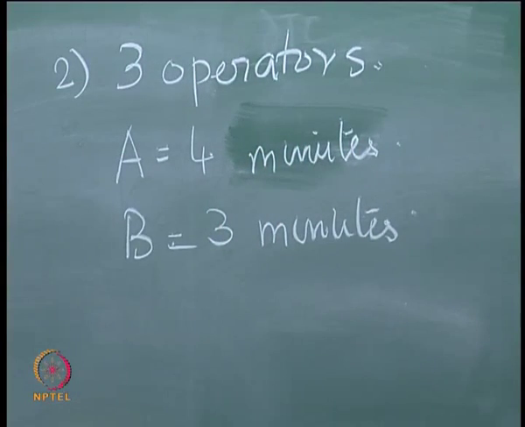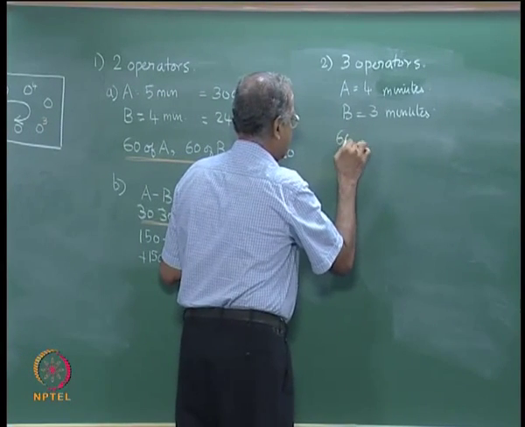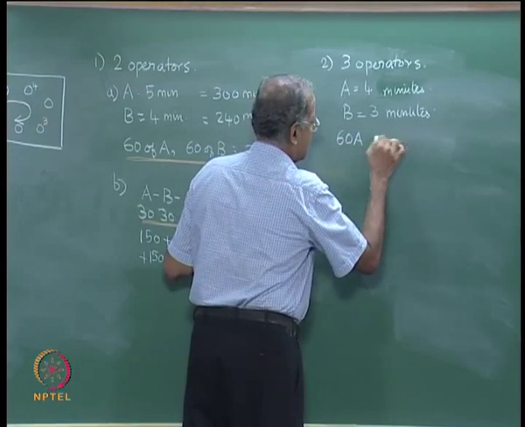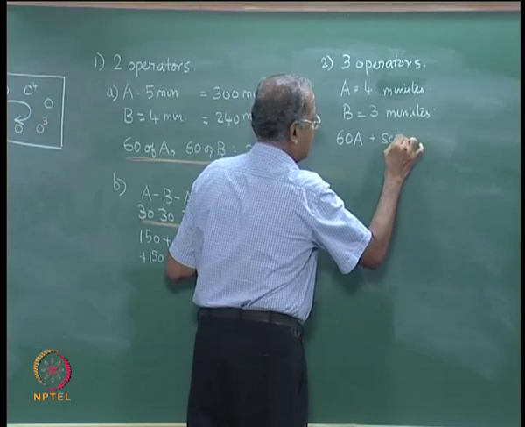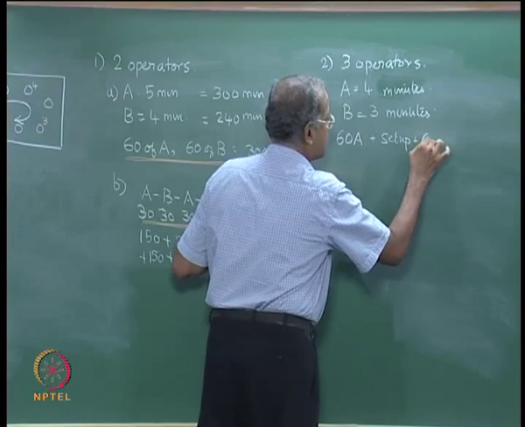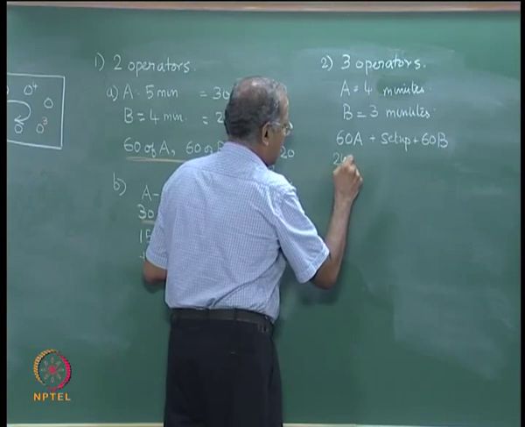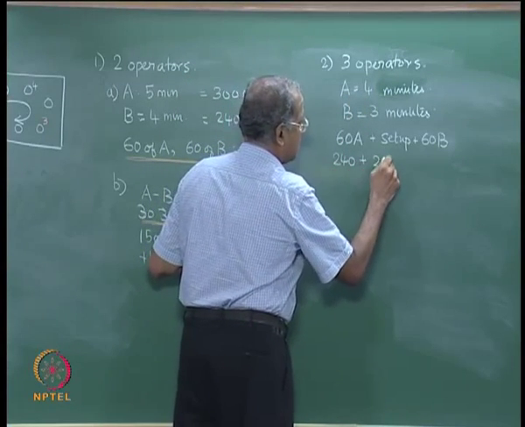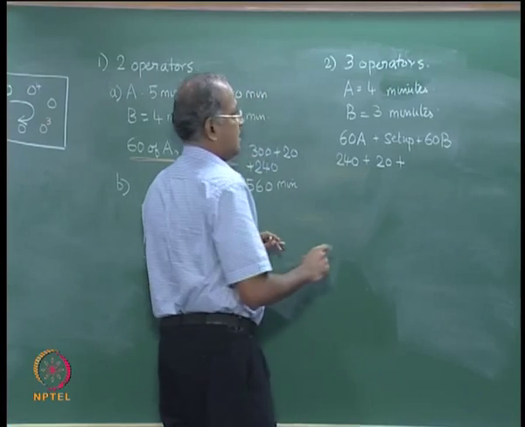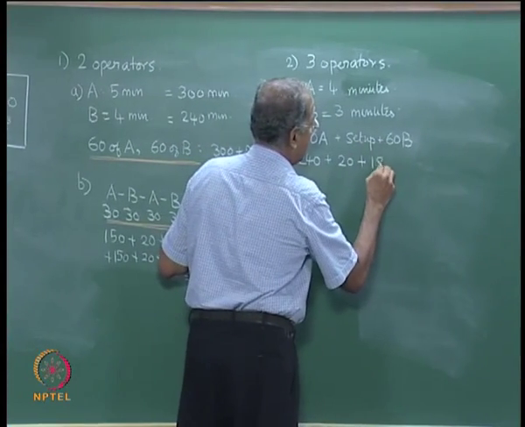So, time taken to produce 60 of A, setup, plus 60 of B will be 60 into 4, 240, plus 20 plus 60 into 3, 180.